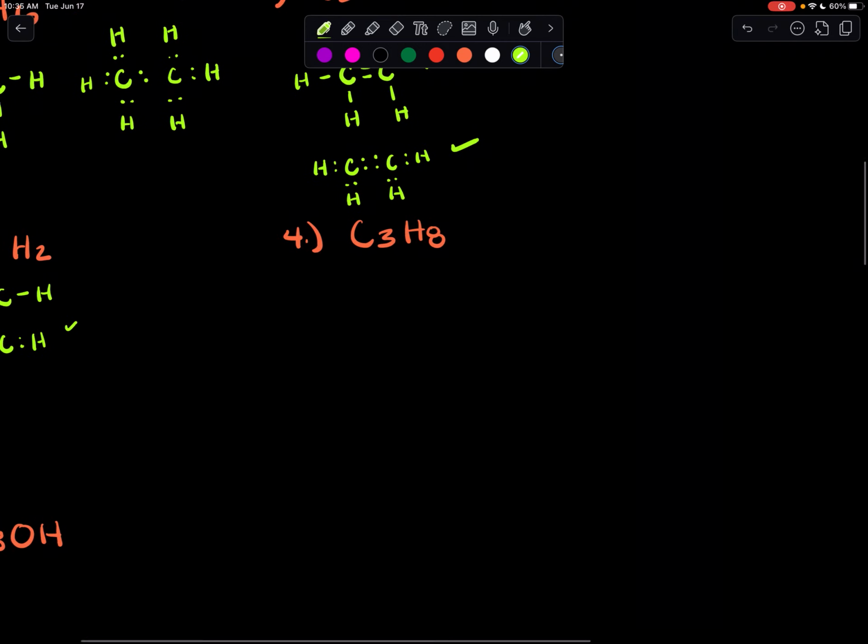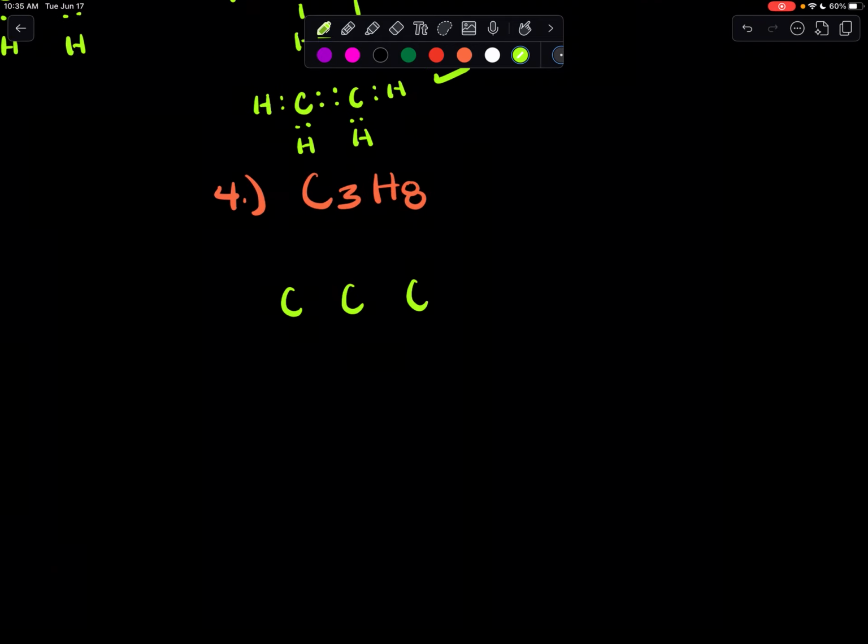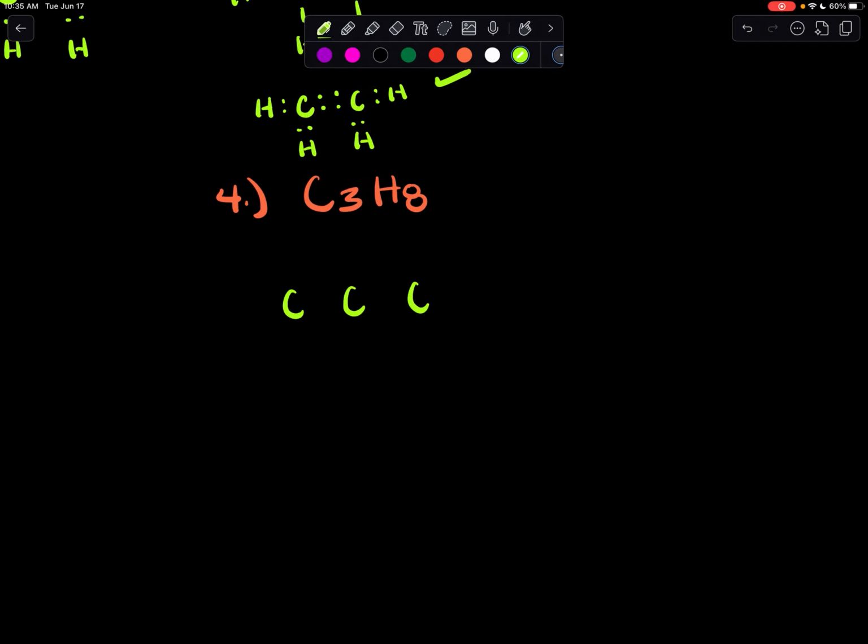Let's do the 3 carbons: 1, 2, 3. See if you can do this one on your own. And we have 8 hydrogens, so this means full saturation. If each carbon likes to have 4 valence, let's do that. It'll be saturation.